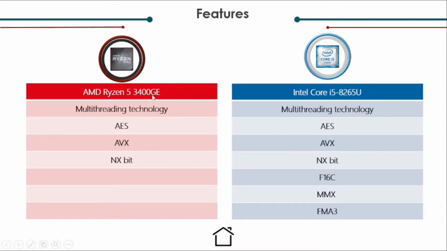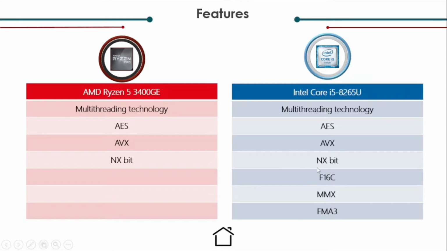As you can see here, the AMD Ryzen 5 3400 GE and Intel Core i5-8265U has both the multi-threading technology, the AES, the AVX, and the NX bit.